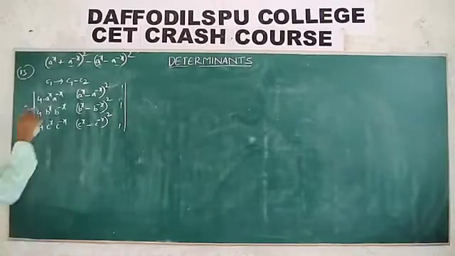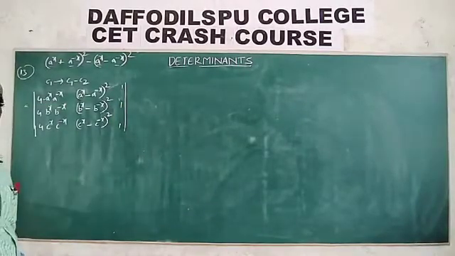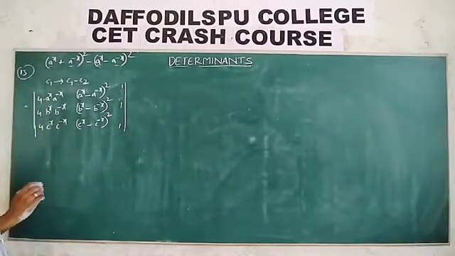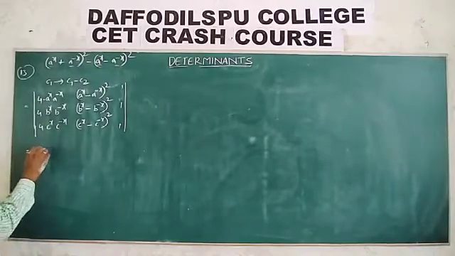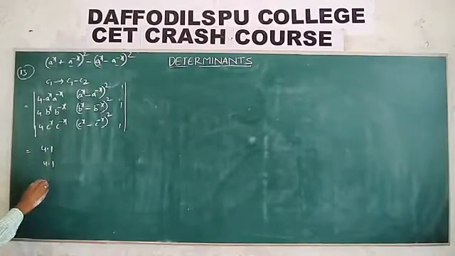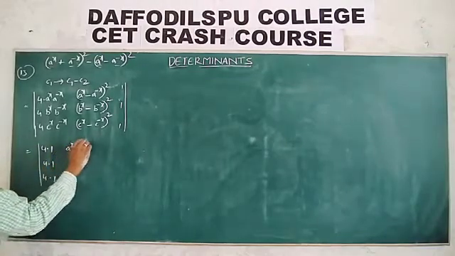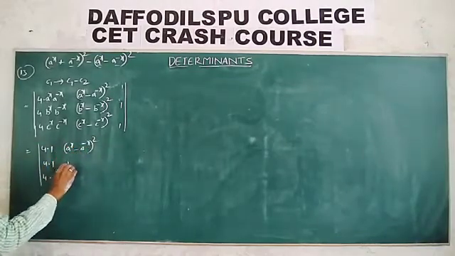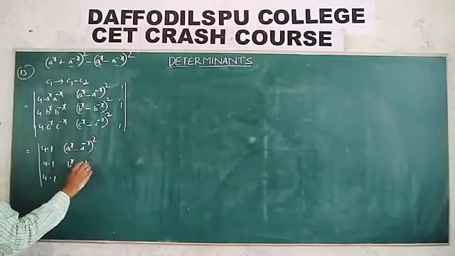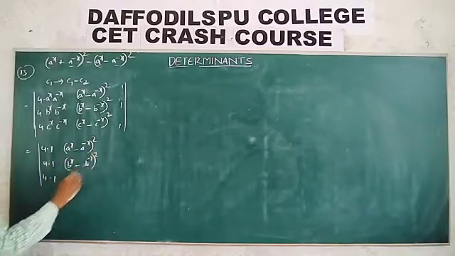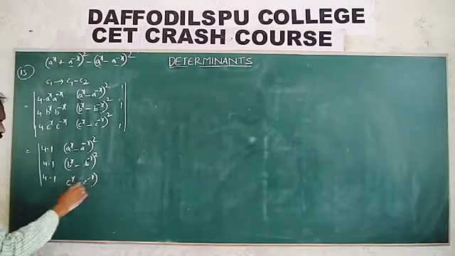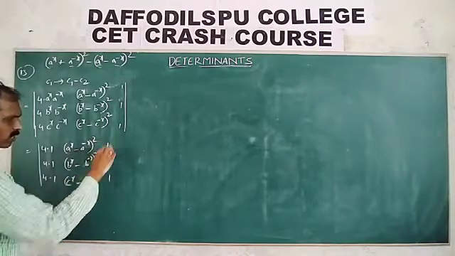Right. A power m into a power minus m. What is x minus x? 0. A power 0 value 1. Therefore 4 into 1, 4 into 1, 4 into 1. That implies a power x minus a power minus x whole square, b power x minus b power minus x whole square, c power x minus c power minus x whole square, 1 1 1.